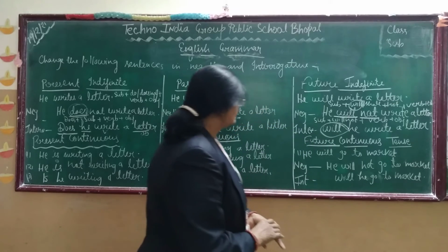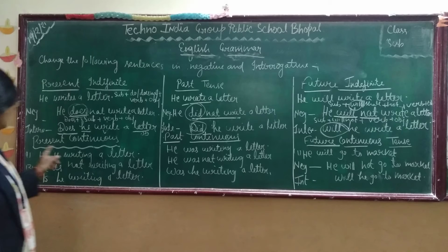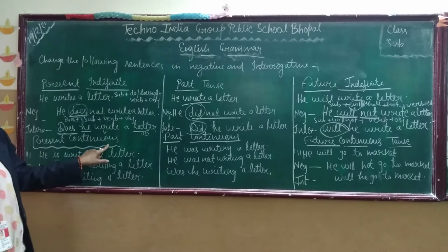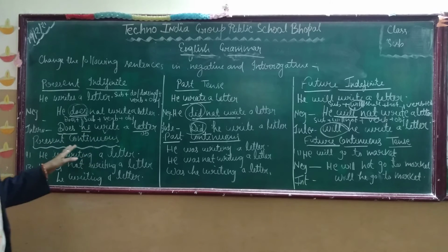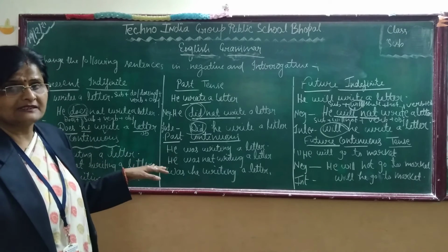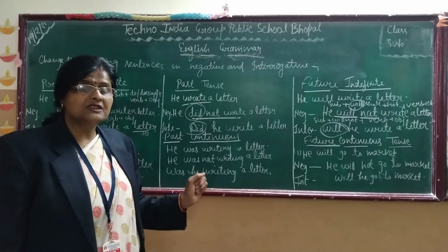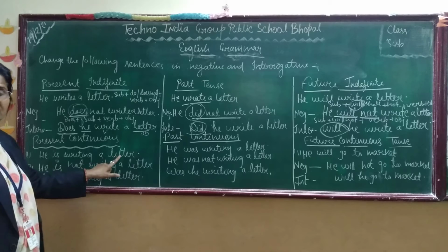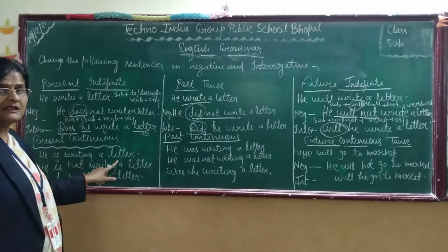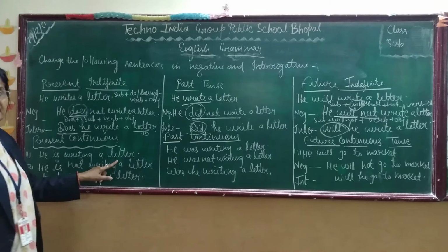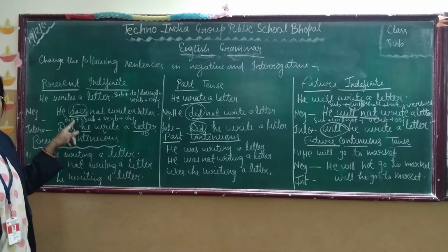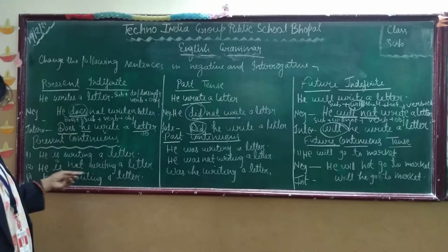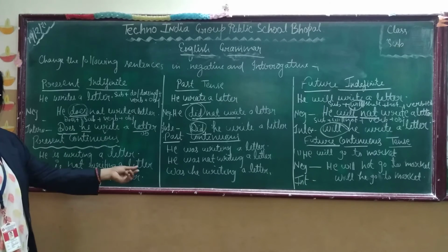Now again, if we have to write negative or interrogative sentences in present continuous tense, then we will use ing. Look here. He is writing a letter. This is a simple continuous tense. And negative बनाने के लिए we will not use do and does. But what will we use here? Is, are or am. He is not writing a letter.